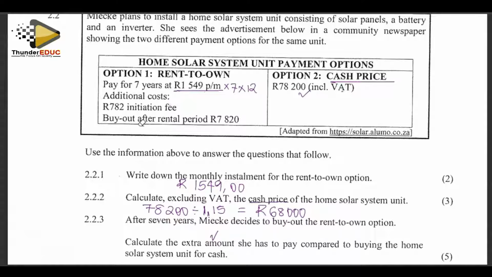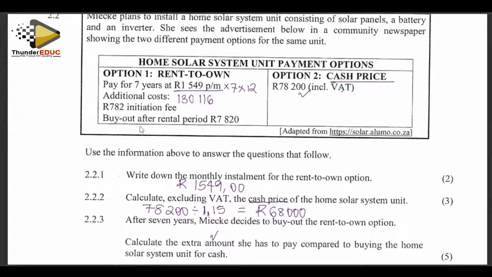All right, so we do that. 1,549 times 7 times 12, you end up having 130,116.